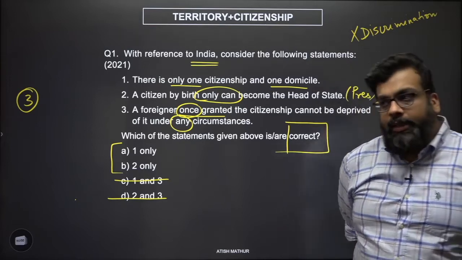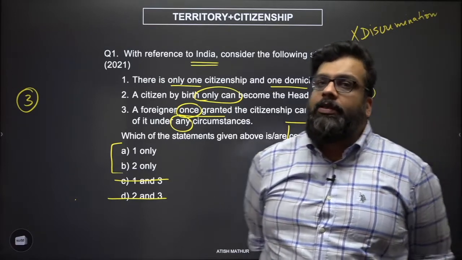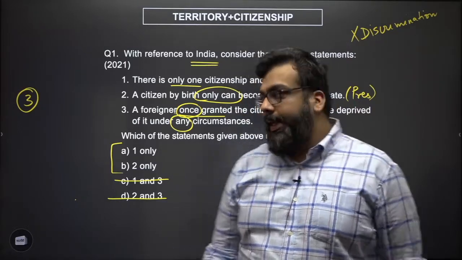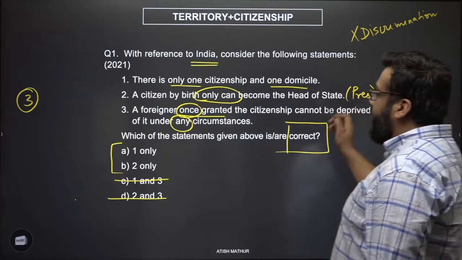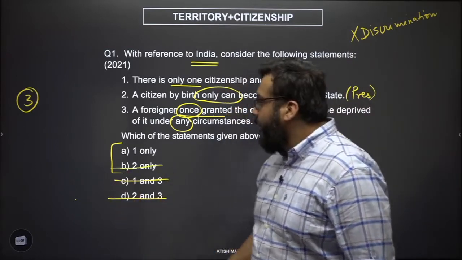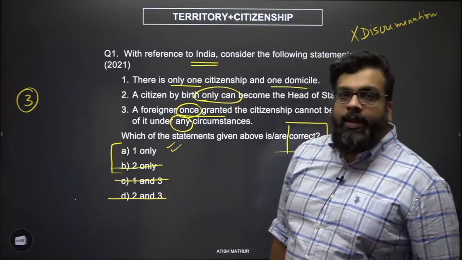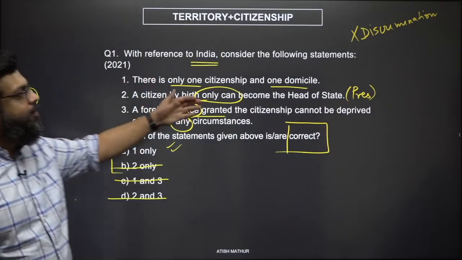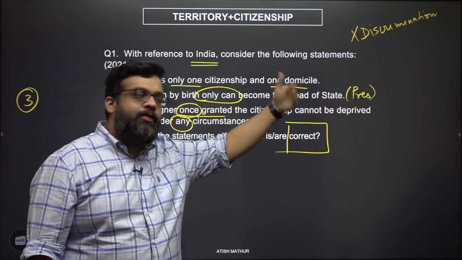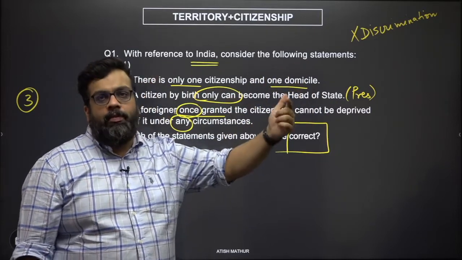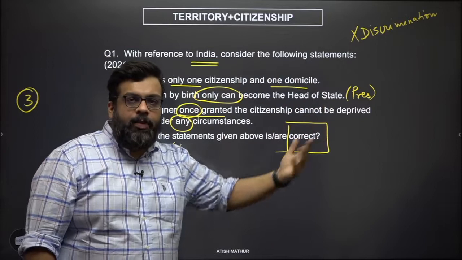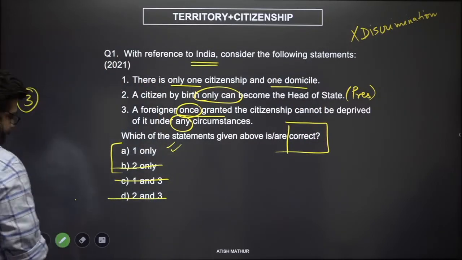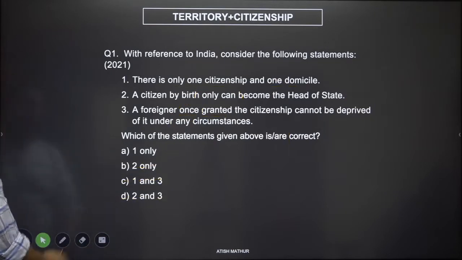In India, once a citizen, as long as you're a citizen, you're as much of a citizen as anybody else. Which means this statement is also incorrect. Your correct option should be A, that there is one citizenship and one domicile. Even if you think domicile here means domicile of the state, you cannot have more than one domicile of a state. That would be considered perverse under law. So your correct option would be option number A, right?